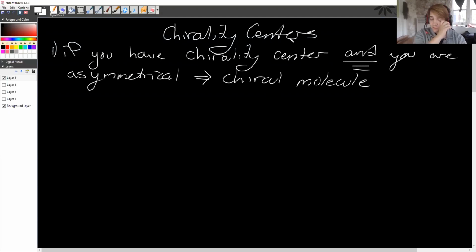We talked about this symmetry business before, but now we have to talk about this idea of a chirality center.